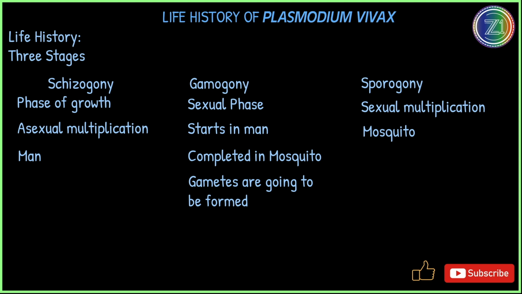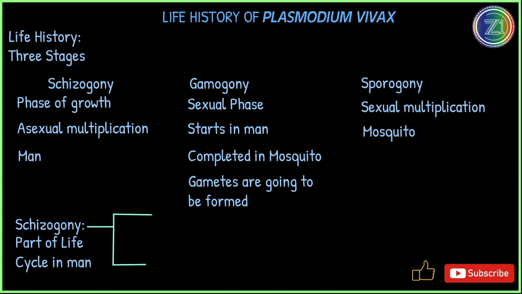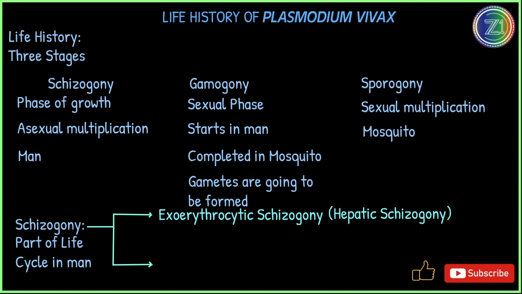So first I'm going to discuss schizogony. This schizogony is in two phases, very important. The first phase is exerythrocytic, or we also call it the hepatic schizogony, and the other one is erythrocytic schizogony.